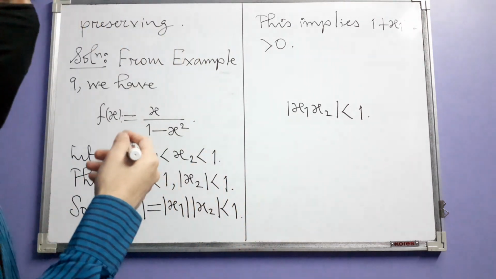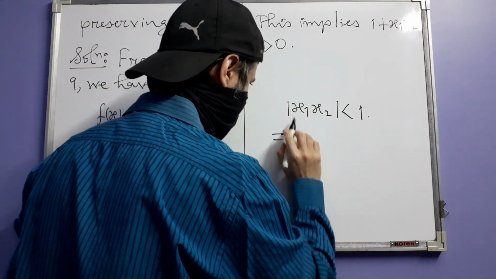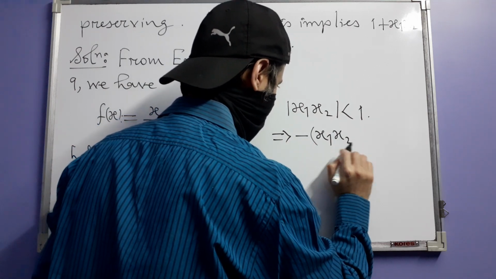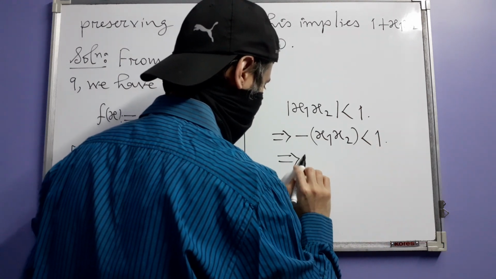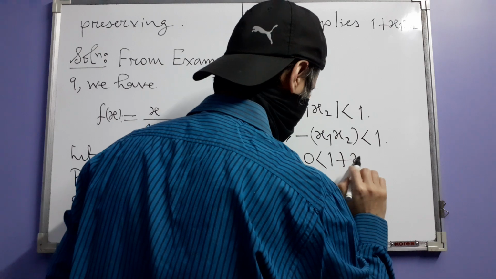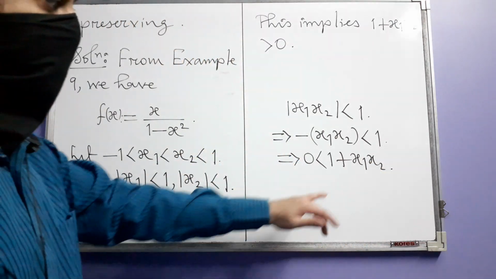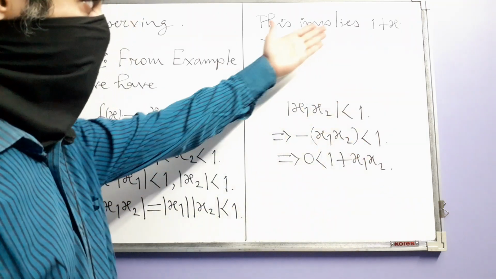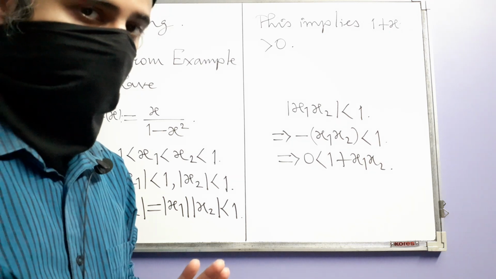If x1 x2 is negative, by the definition of absolute value, what will be this? Minus of x1 x2. So that is why adding x1 x2 to both sides, you get this. This means that regardless of the sign of x1 x2, or even when it is 0, this 1 plus x1 x2 is always positive. Okay.